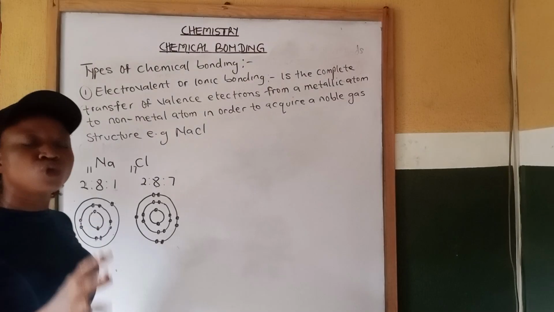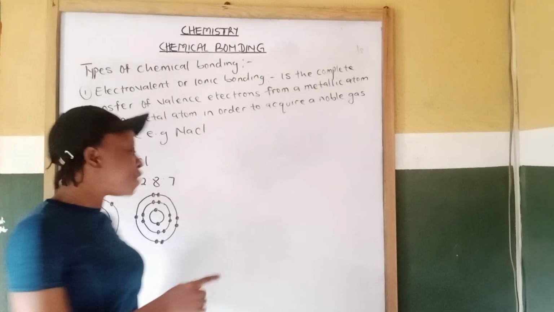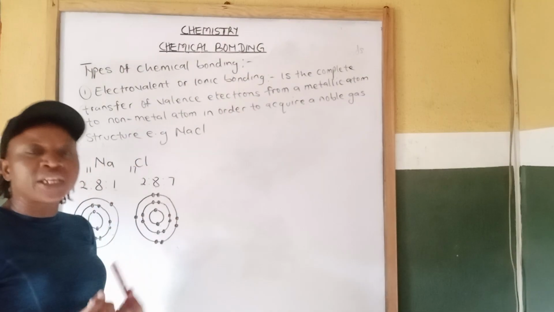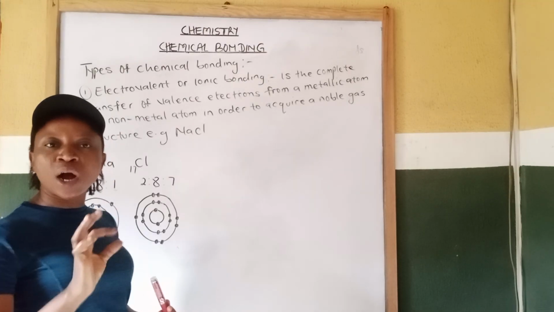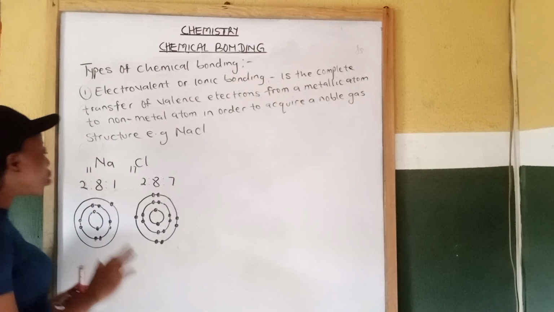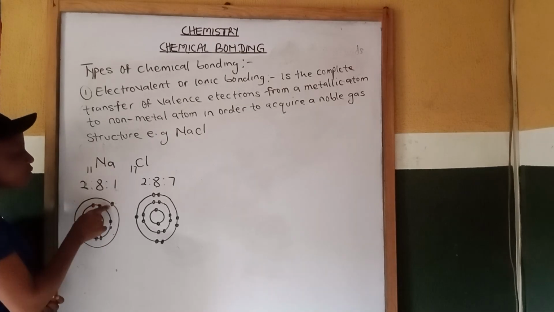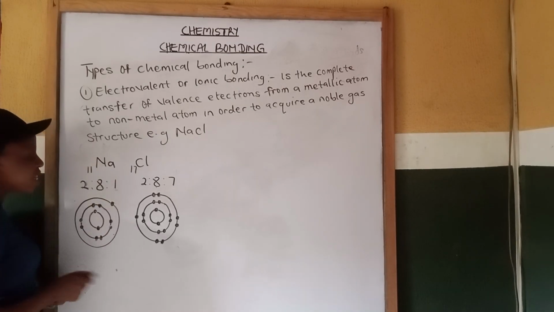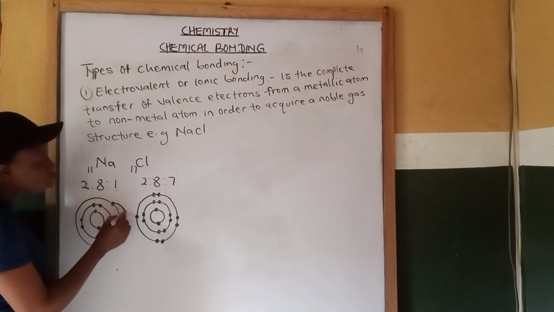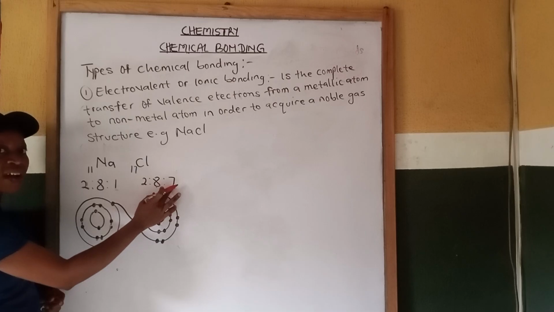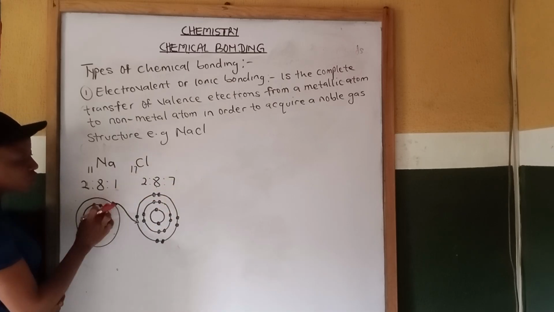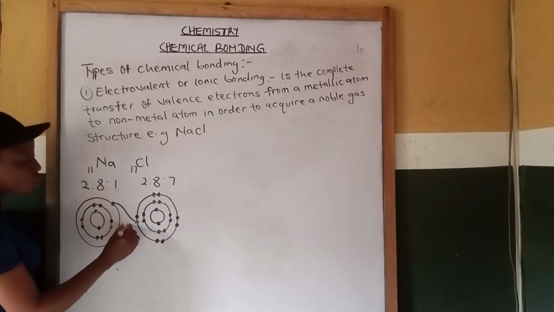Those elements with 5, 6, and 7 valence electrons accept more electrons to acquire a noble gas structure. Chlorine needs 1 more to balance the octet of 8, so sodium will transfer this 1 electron to chlorine.